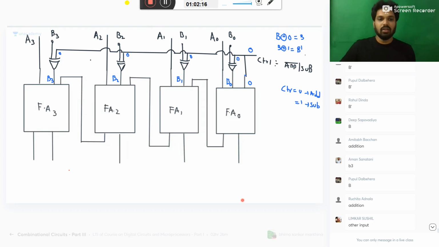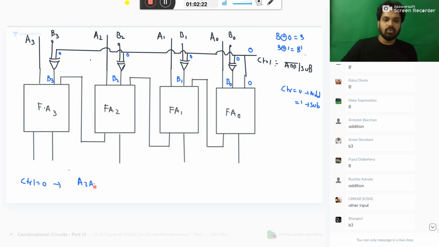Then when control equals 0, it is adding A3, A2, A1, A0 with B3, B2, B1, B0. It will do the addition of this, that is nothing but A plus B, normal addition only.